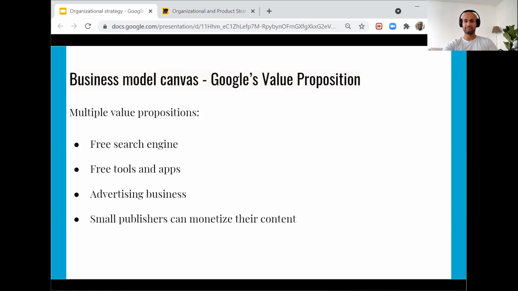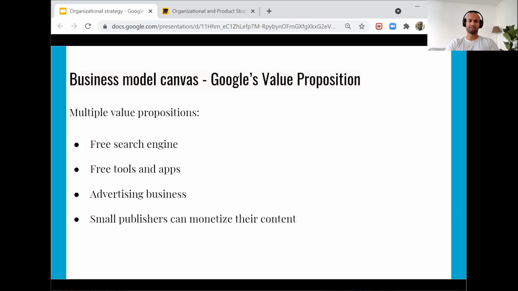And when we talk about advertising, they're focused on targeting text-based ads for businesses via something called AdSense. That's the network that they use to monetize the advertising for publishers. So Google managed to scale up this cost per click advertising at massive levels. Yeah, and that creates a platform for small publishers to monetize their content.